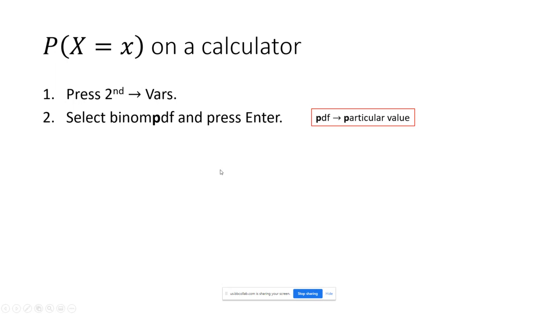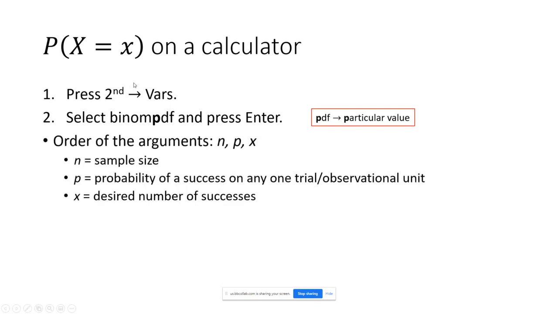The P in PDF stands for probability distribution function. You can think of that as representing a particular value. We're looking for the probability that our random variable x or y equals a specific number.